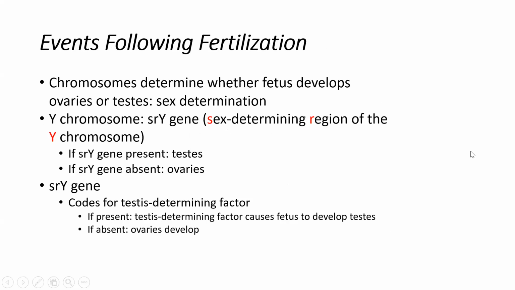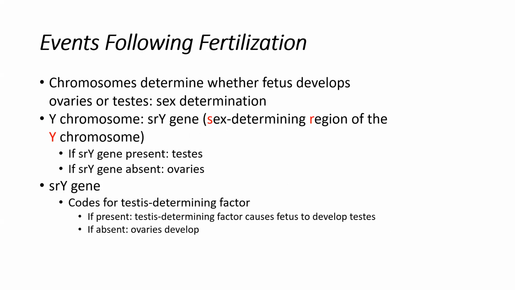Okay. All right. So let's talk about how we develop into male versus female. These are the events that take place after fertilization, after that immediate meeting of the ovum and the sperm, that lead up to parturition, that lead up to gestation or pregnancy.